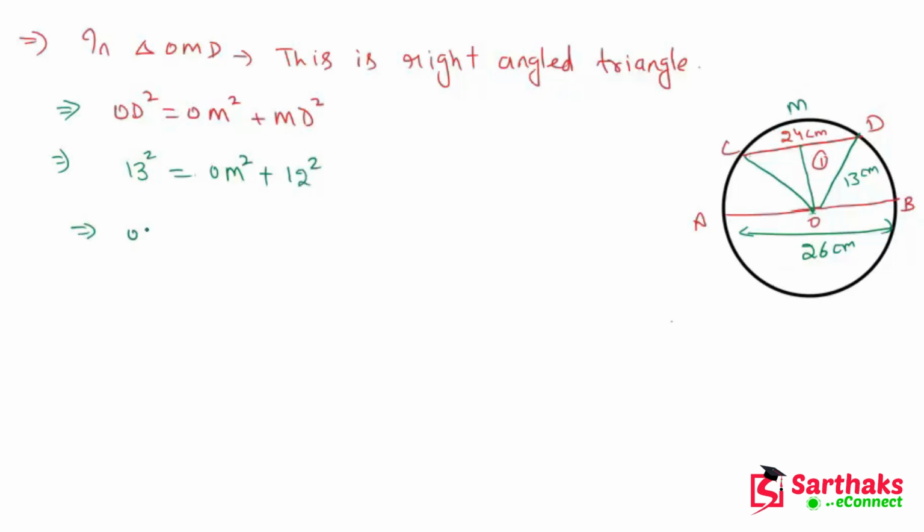So my dear friends, OM squared is equal to 169 minus 144.